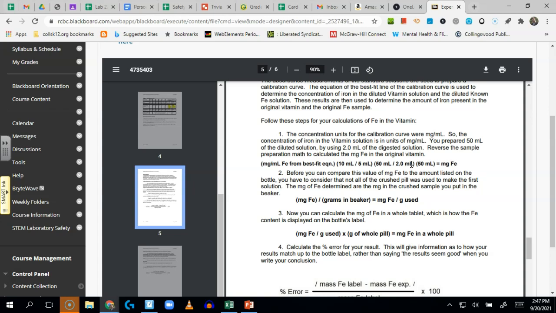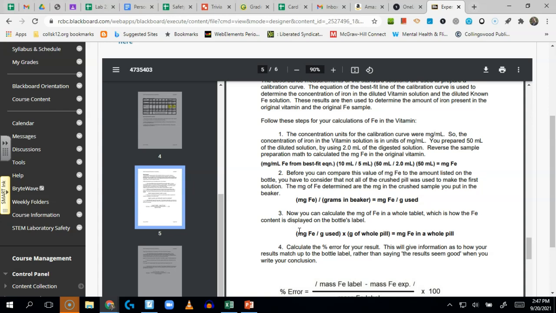Then keep in mind that you crushed it up. So now that you have the milligrams of iron, you're going to divide it by the grams in the beaker. And this is going to give you the milligrams of iron per grams used.